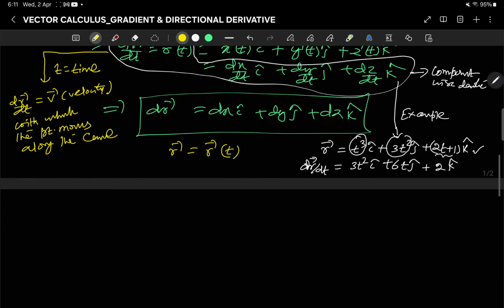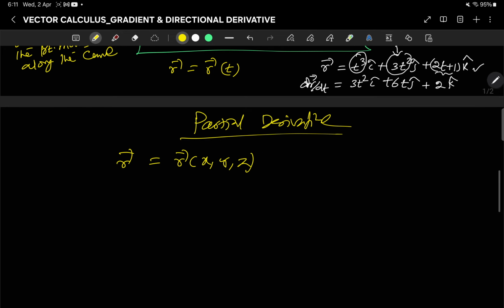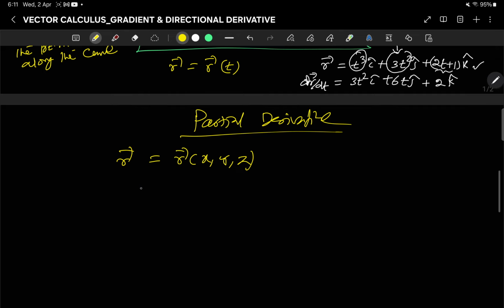Now this can be extended to partial derivatives. If r is a function of x, y, z, three variables, then we can find rx, ry, rz, the partial derivatives. Here the changes in y and z are held constant.